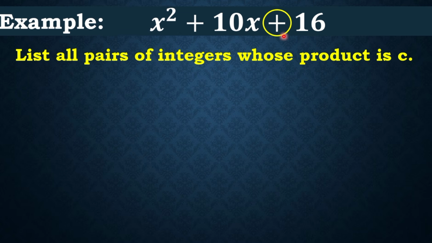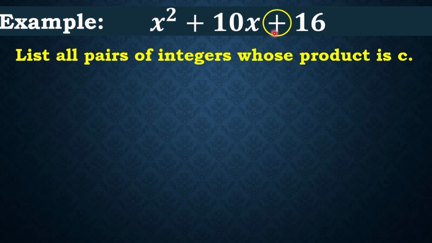Now, para mas mabilis, tingnan mo yung sign nito. Since positive ito, ibig sabihin, dapat yung dalawang integers mo pareho ng sign. Ito yung palatandaan mo. So, since positive ito, yan ang palatandaan natin na ang factors natin, dapat pareho ng sign. Okay?